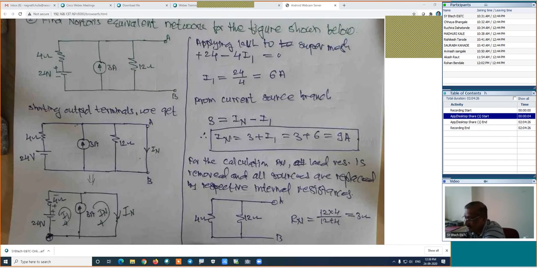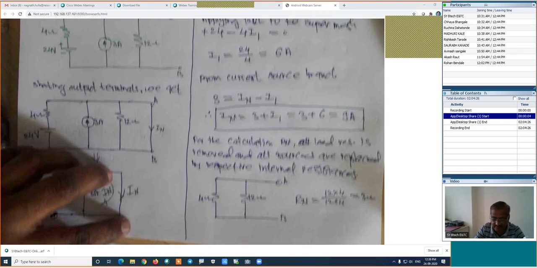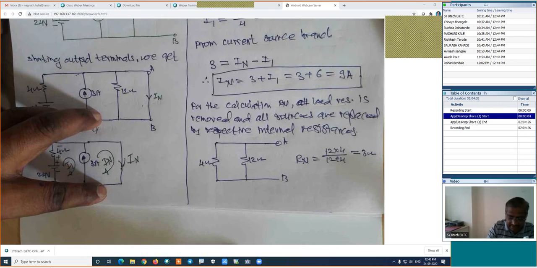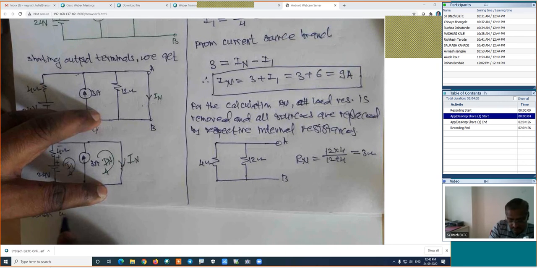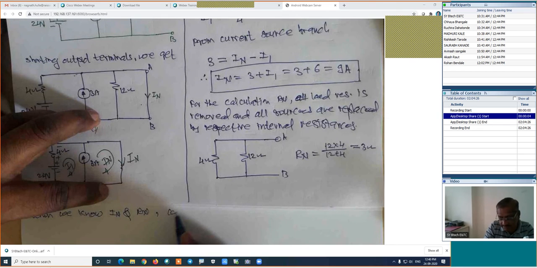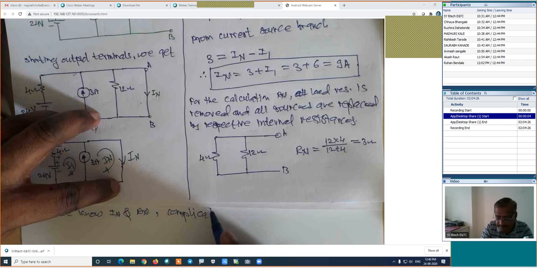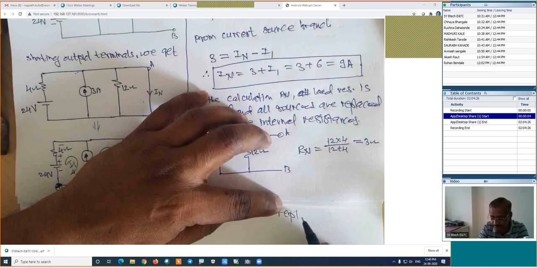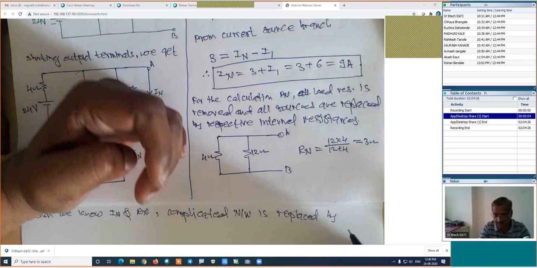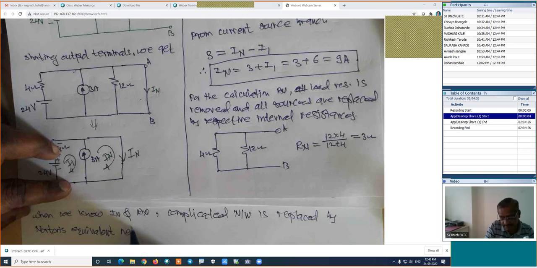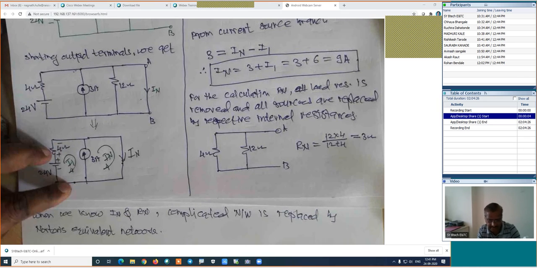And when we know these values, I will write here: when we know IN and RN, the complicated network is replaced by Norton's equivalent network.